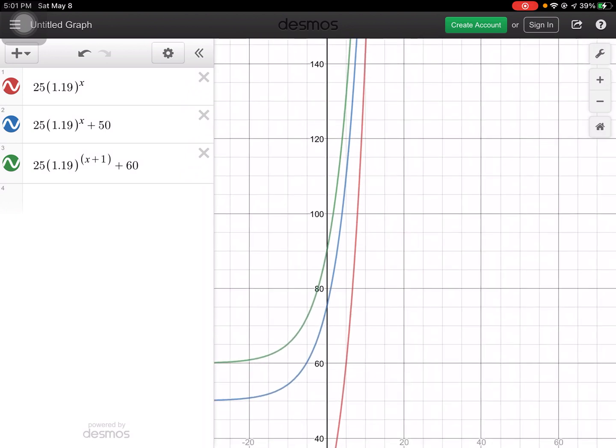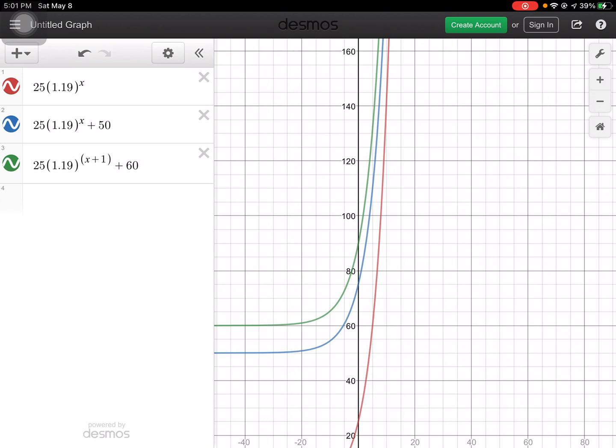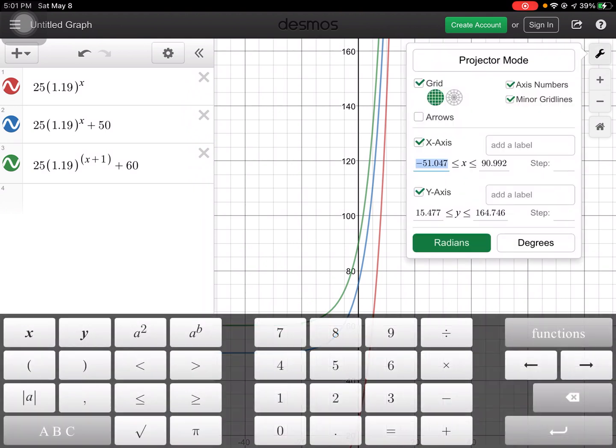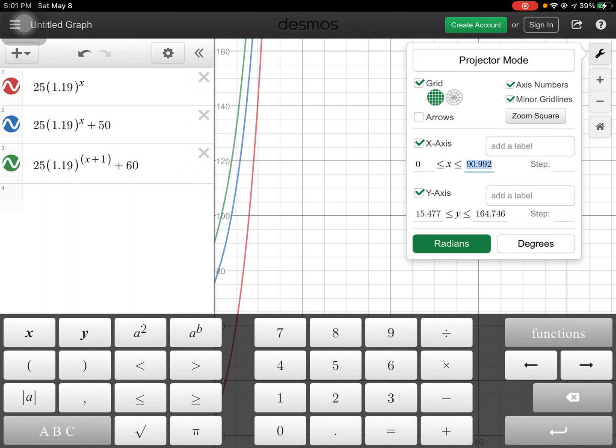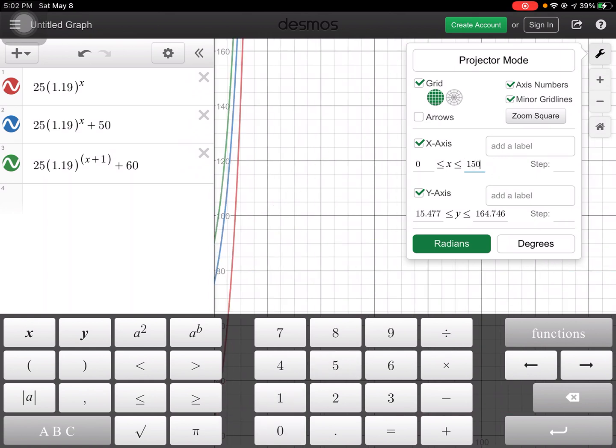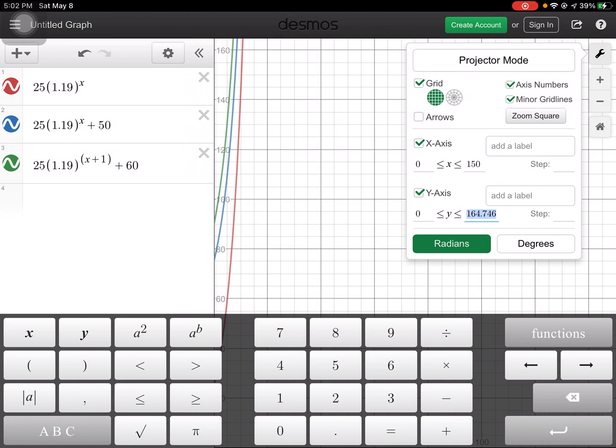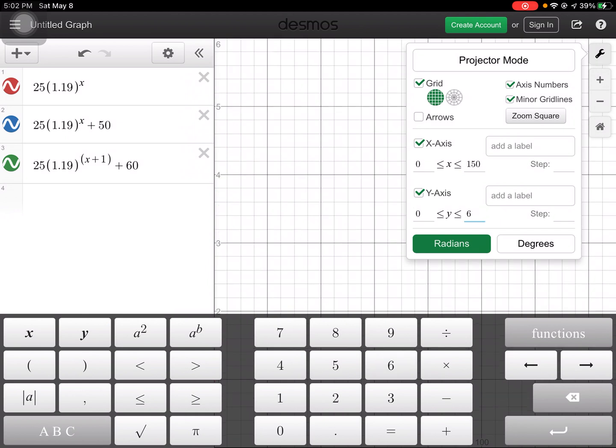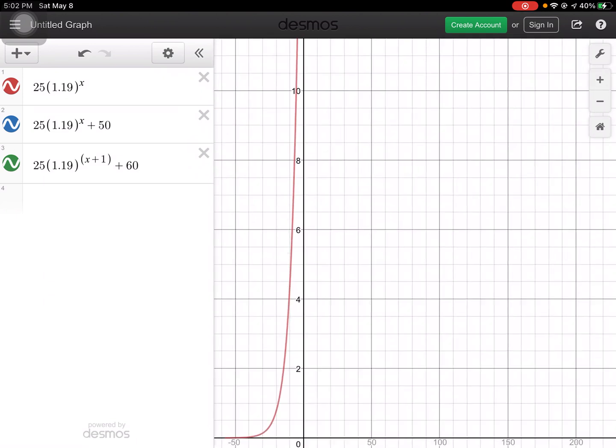So our original doesn't look right. Let's see, what did I do wrong here? Change our window here to go to 150 there, and then on the X we'll go to 6. See if that helps see it cleared up here. Not really.